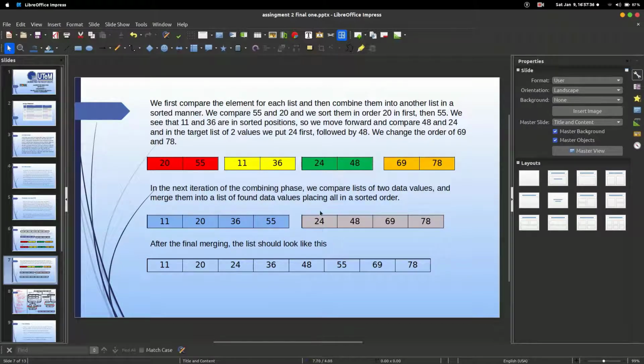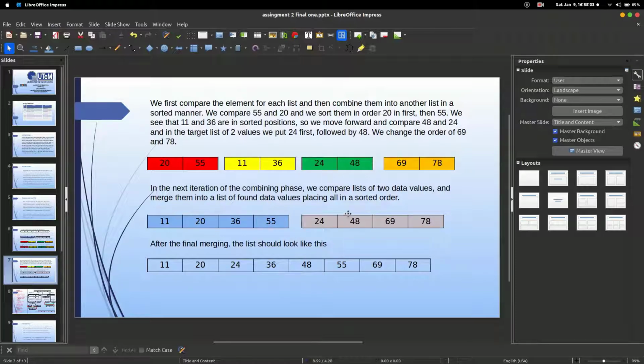The smaller one gets the first place, the bigger one gets the last place. So as you can see in this two array, 11 is the lowest, so it is going to be first, 20 is the second lowest, going to be second, 36 the third lowest, going to the third position, and 55 will be the last element. It's the same for this array as well.